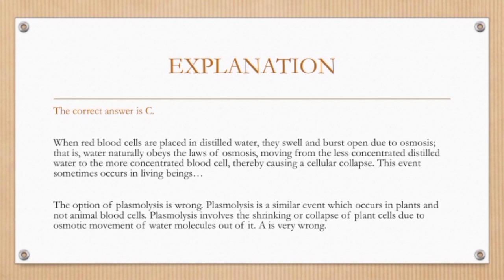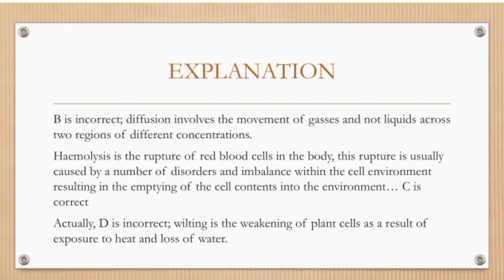Plasmolysis is a similar event which occurs in plants and not animal cells. Plasmolysis involves the shrinking or collapse of plant cells due to osmotic movement of water. So B is incorrect here.